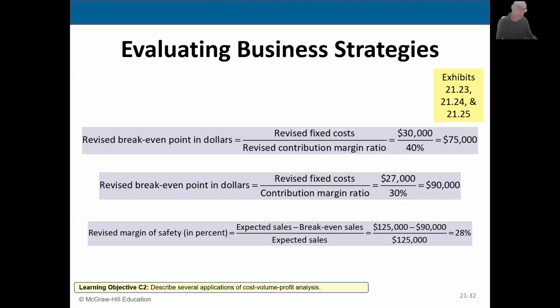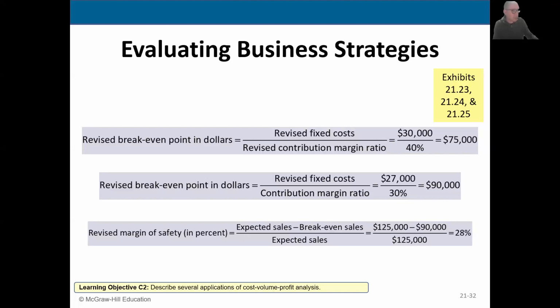Okay, here we have a couple of examples. Revised break-even point in terms of dollars in order for us to buy a new piece of machinery. Let's say we're looking to buy a new piece of machinery. Our fixed costs go from $24,000 to $30,000 per month because we're buying a new piece of machinery or want to. Based off of that, I know that I'm going to need a revised contribution margin ratio.